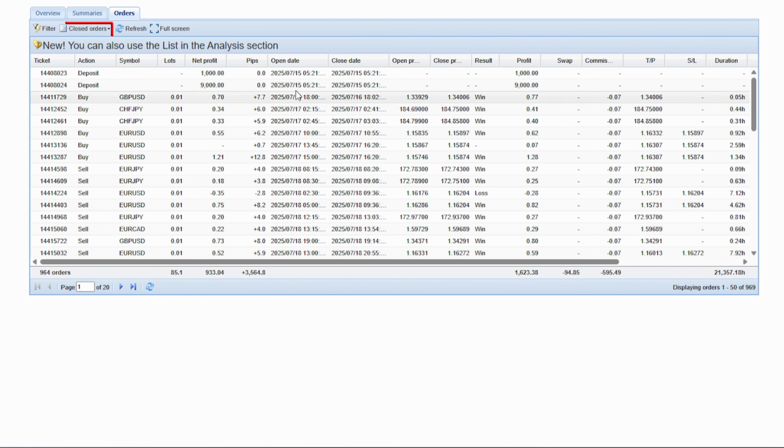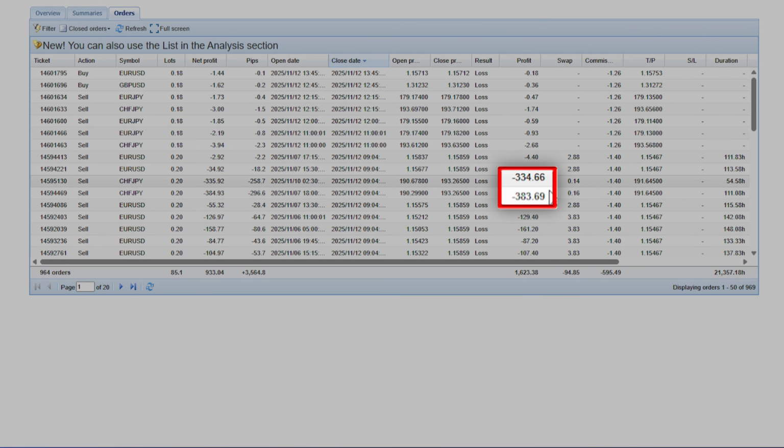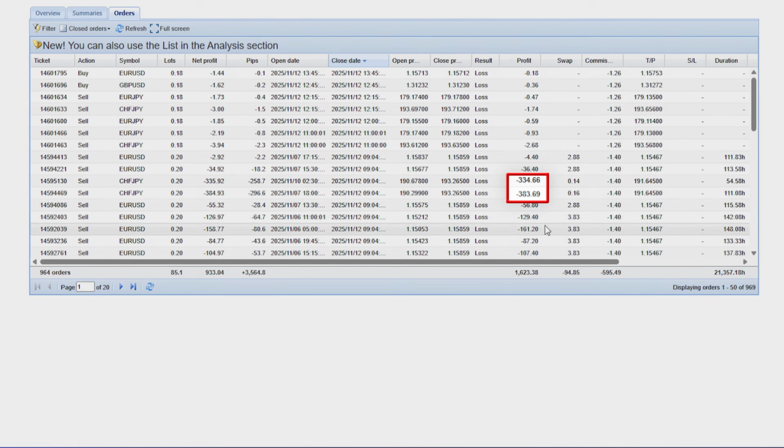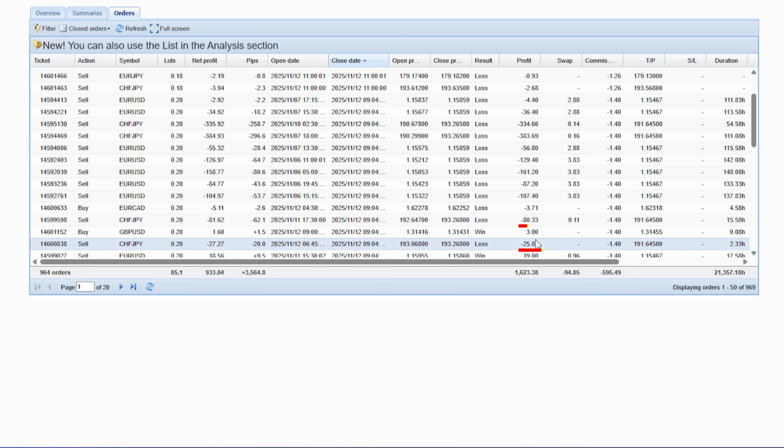If I show you the closed orders, and I'll just arrange them according to the close date, you will see those losses over here that happened with the Swiss yen, and there was not enough margin in the account, and all of these losses exceeded the allowed 10% drawdown.